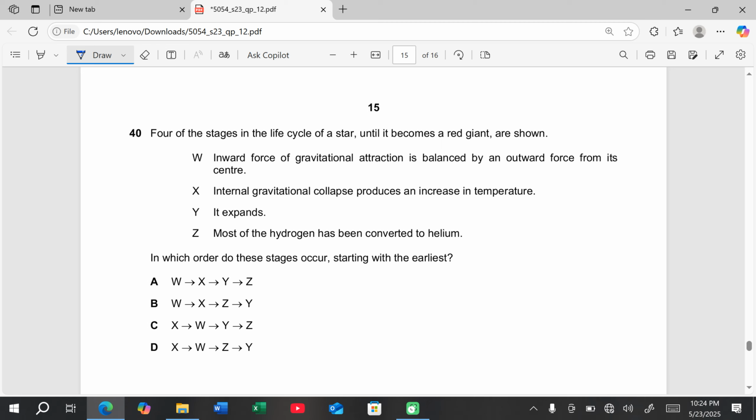So it will start at X. Internal gravitational collapse produces an increase in the temperature. Then it goes to inward forces of gravity balanced with the outward force from its center. Then most hydrogen has been converted to helium, and the last one, it expands. So it is going to be D.